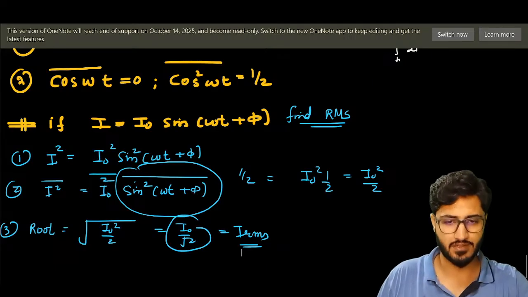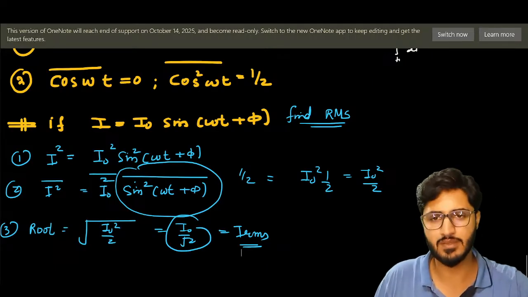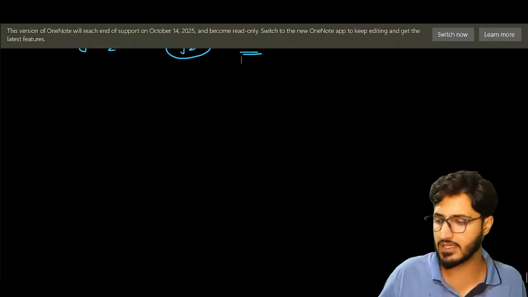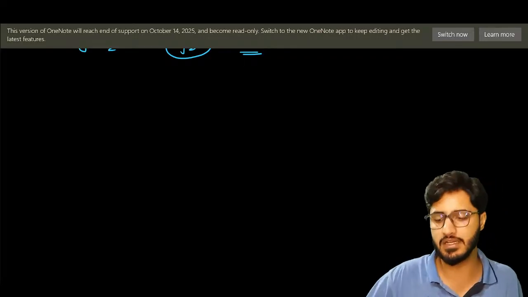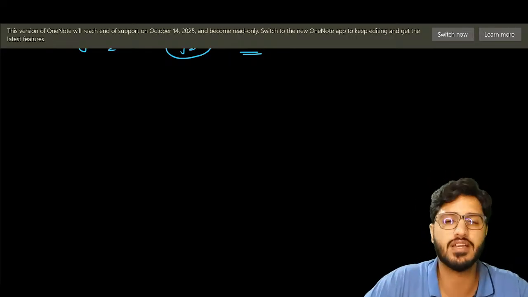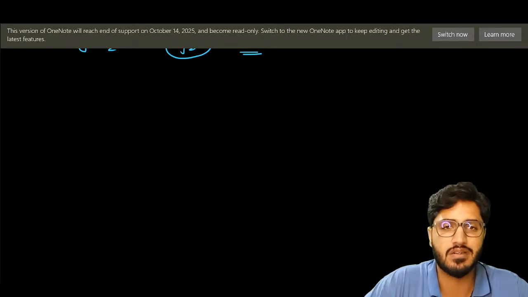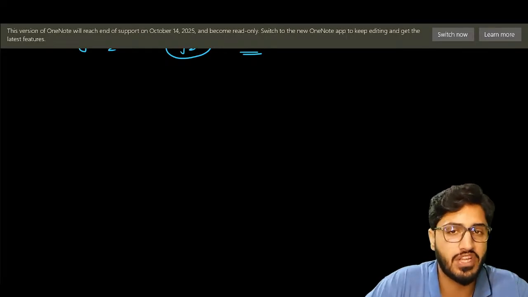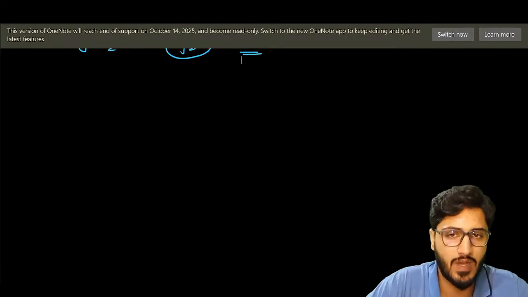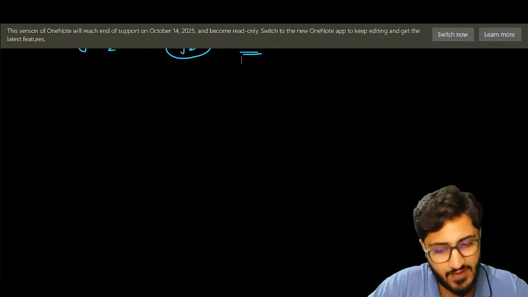Let's start today's lecture by doing a simple numerical. In the previous class, we completed AC circuits, alternating voltage, peak value, instantaneous value, average value, half cycle, full cycle, RMS value.